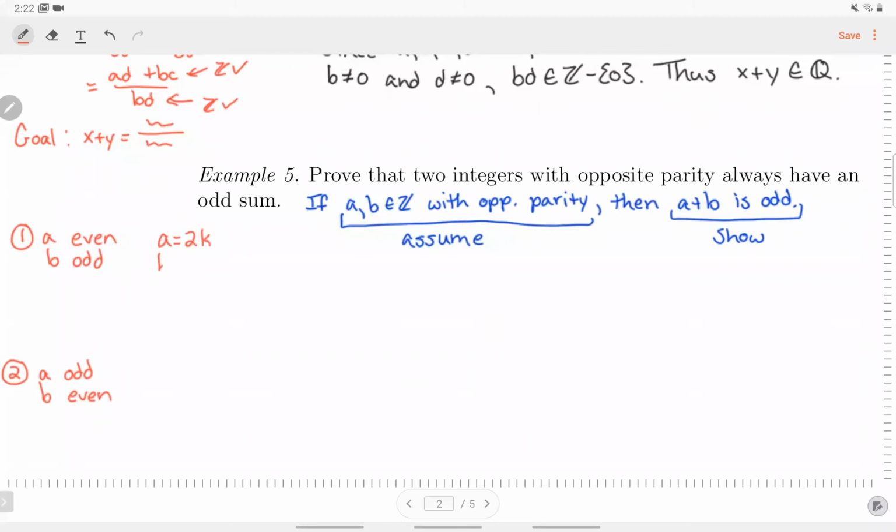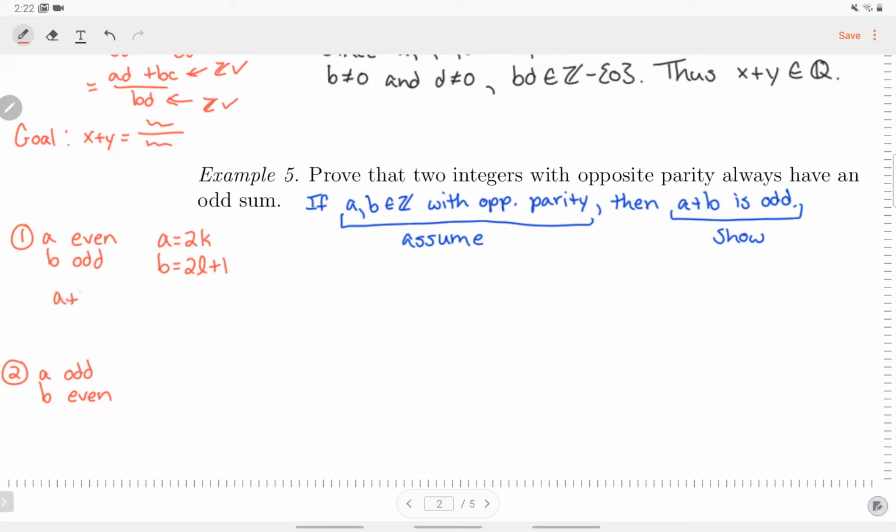And if b is odd, b is 2l plus 1. Again, I can't use k again because b could be 13 and a could be negative 20, right? k and l might not be the same thing. So I need separate variables there. My goal involves a plus b. So let's look at that.